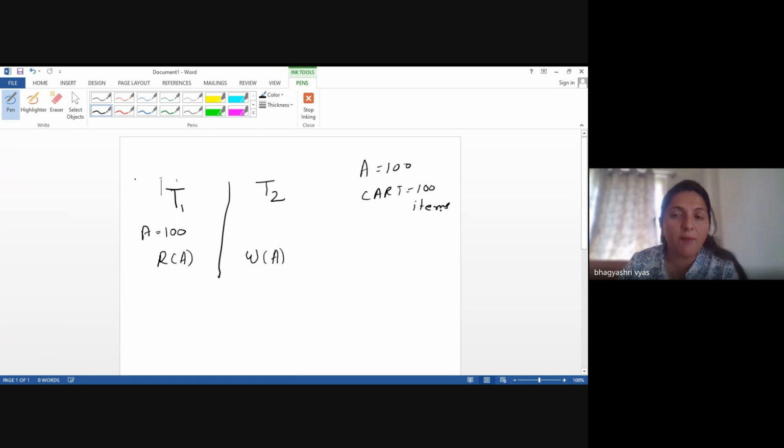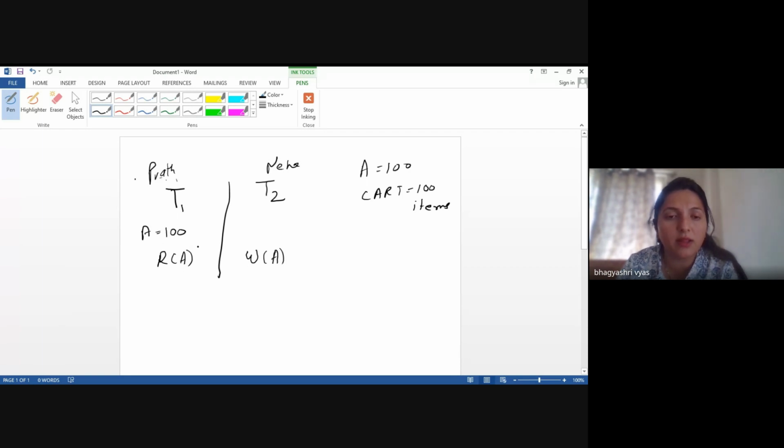So if I'm performing a transaction operation, transaction T1 means the transaction for Prathamesh, and T2 the transaction for, suppose, Neha. Neha is just reading the value.